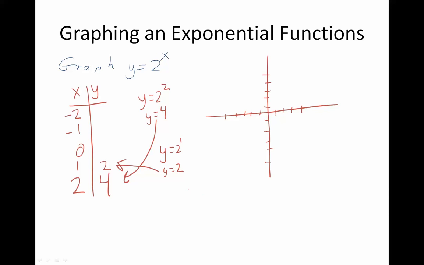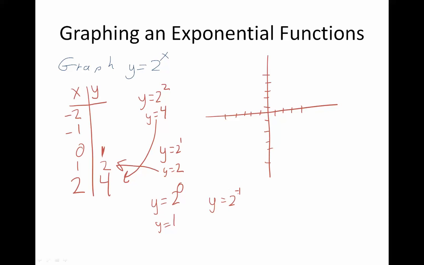When I plug in 0, I get y equals 2 to the 0th power. What is the value of anything to the 0th power? That would be 1. So that means that's going to go here. Almost there. Let's do y equals 2 to the negative 1.